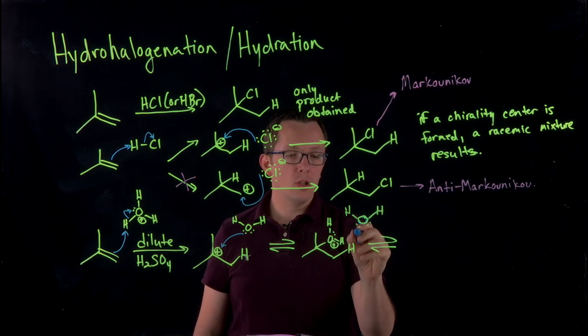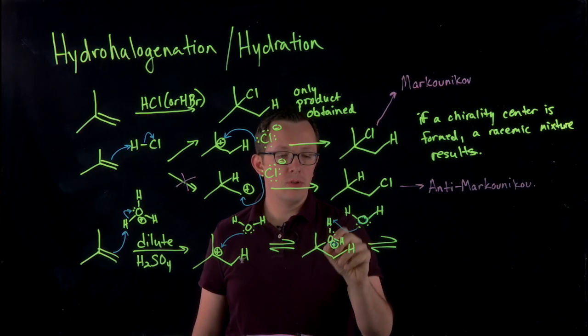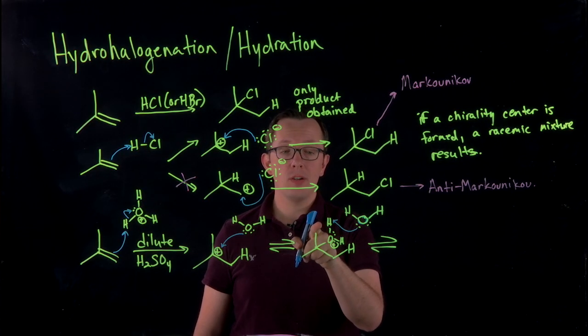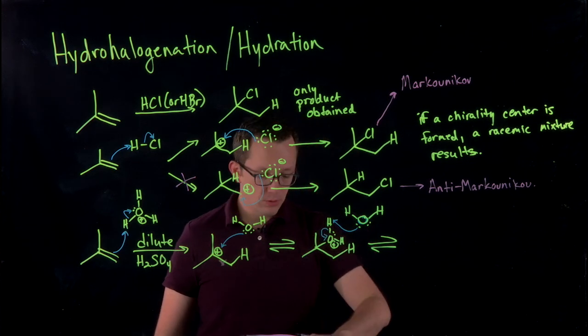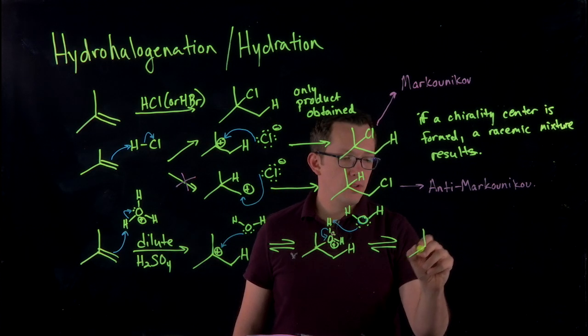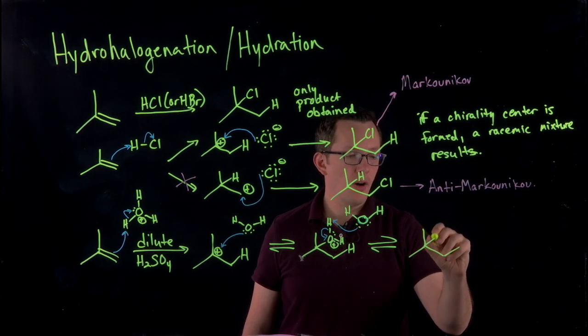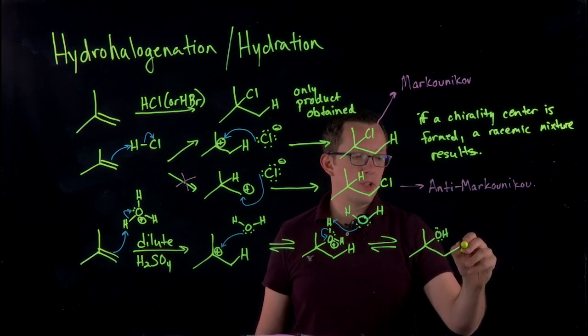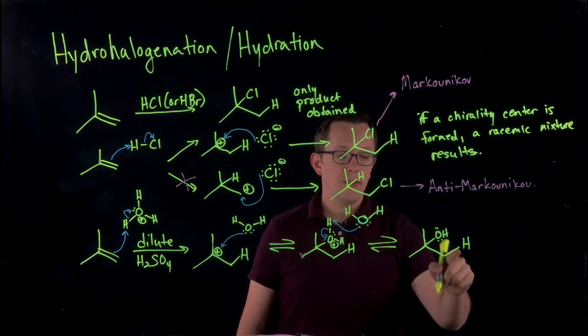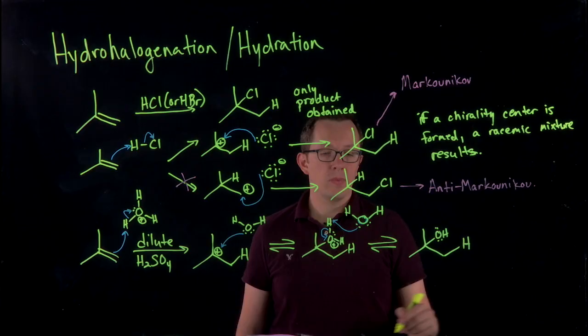So we're going to take a water molecule, we're going to do a proton transfer, so we're going to take one of our extra hydrogens away in order to form a neutral structure, which will result in an alcohol at the more substituted position and a hydrogen at the less substituted position.